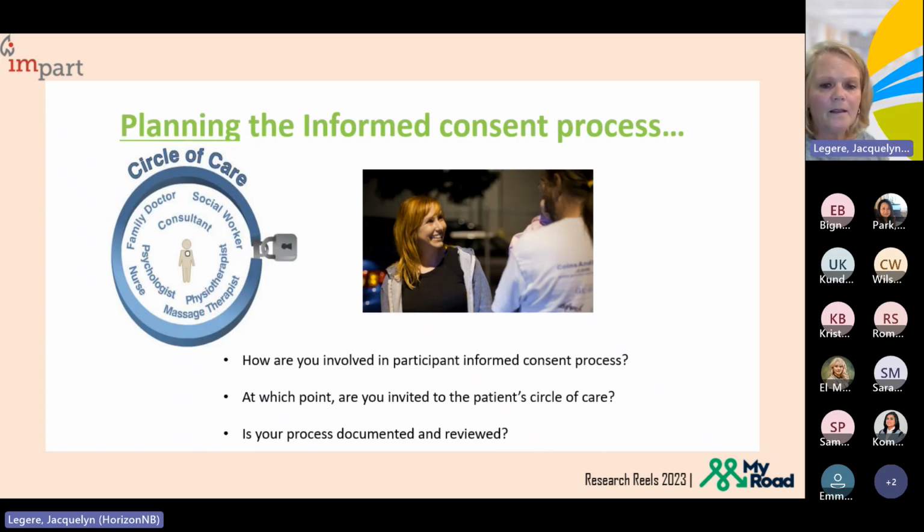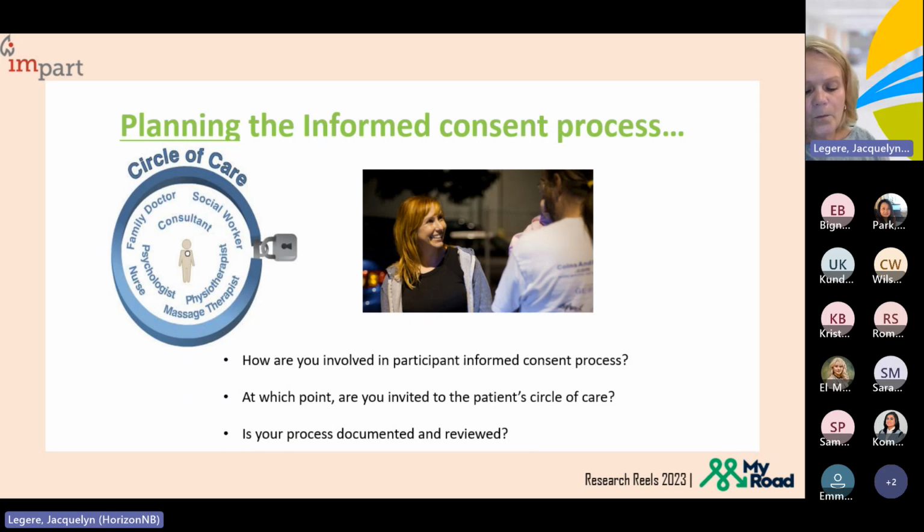Planning the consent process. Within your team, you have to determine who's going to be involved in the participant informed consent process. There are a couple of schools of thought. Some people will say that the principal investigator, who is also a treating physician, has competing interests and probably shouldn't be the one approaching their patients to participate in a research study.